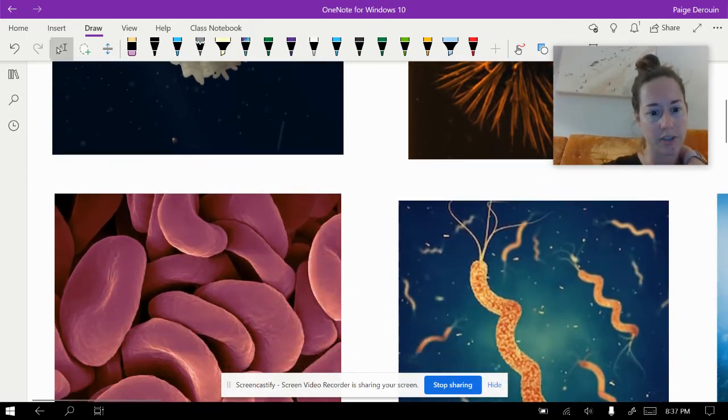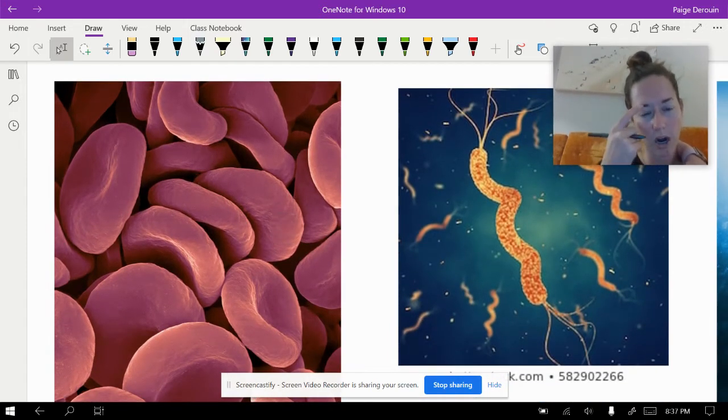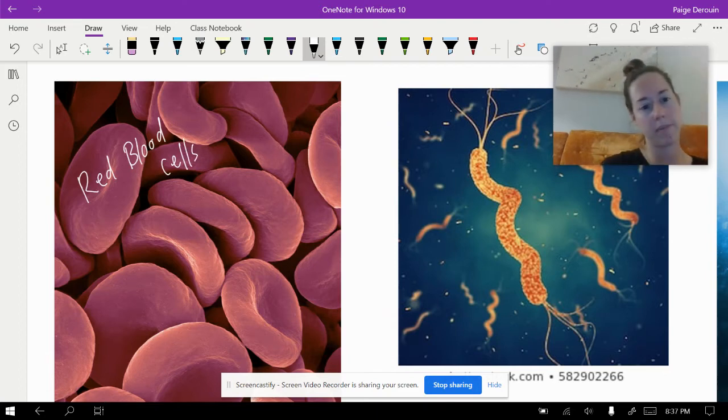I'm going to go down this way. Now these are red blood cells. They're actually a lot smaller than the white blood cells, even though they don't look that way here. They're smaller in this picture, it's just blown up a little bit bigger.